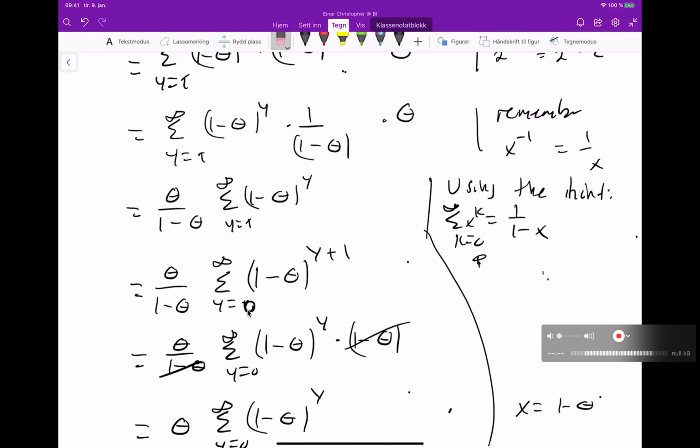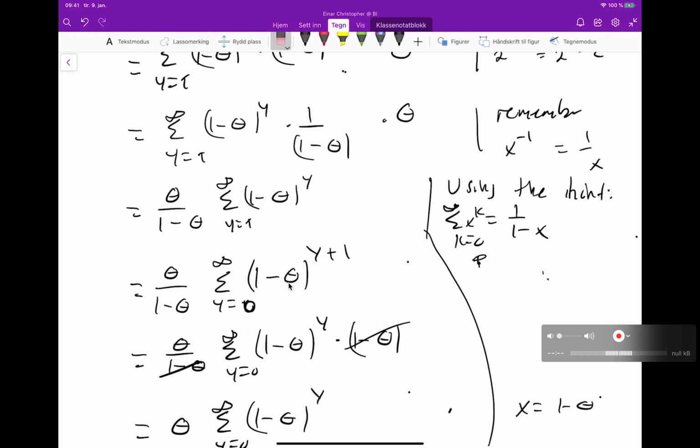But when I start at 0, because here the first element of the sum is (1 minus theta) to the power of 1, that has to be the same now. And therefore y has to be 0, because then it will be (1 minus theta) in 0 plus 1. That is (1 minus theta) in 1. So it's still the same. And because it goes to infinity, it's not a problem here.